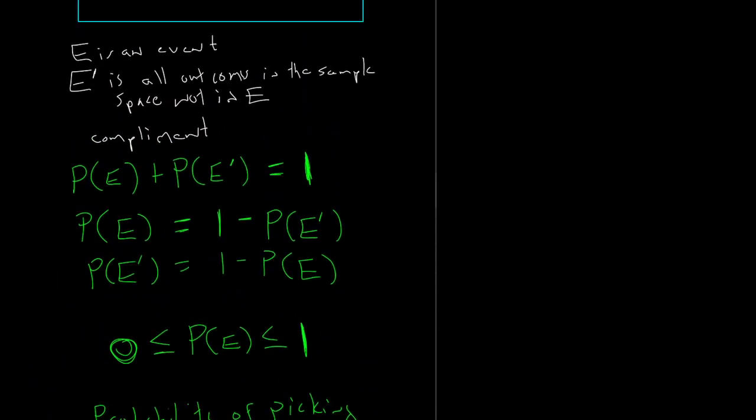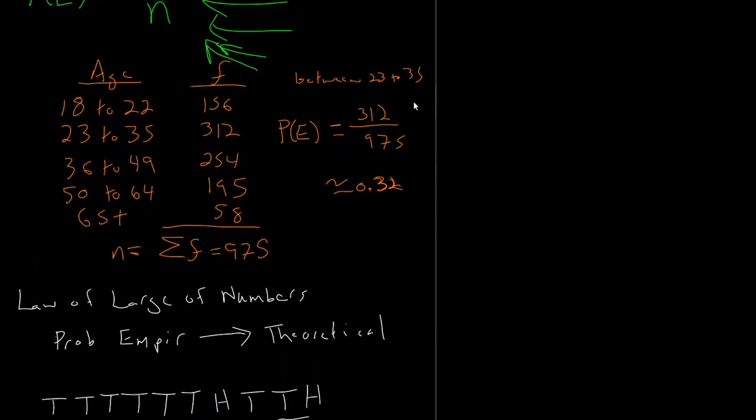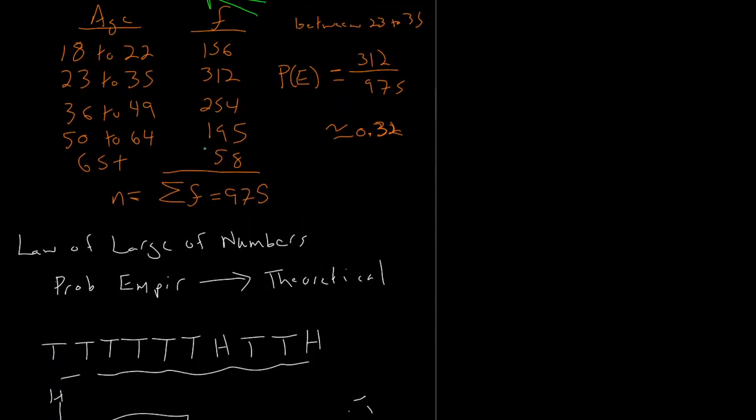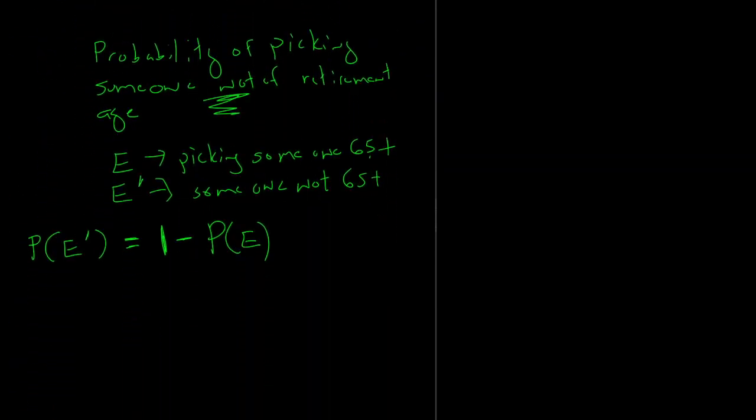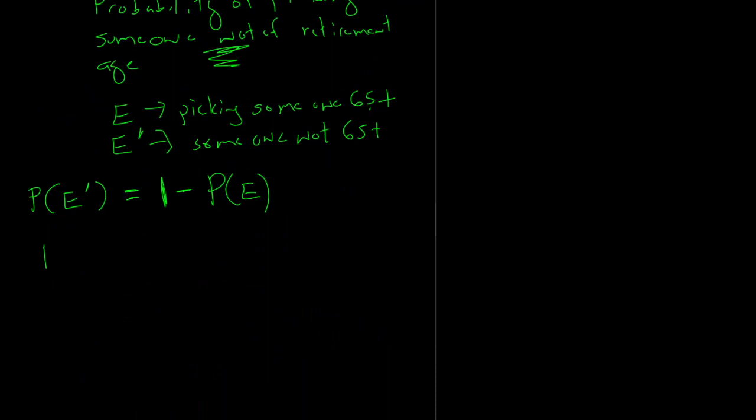I'm going to come back up here and look at this here and go, all right, so there are 58 people of retirement age in the 975. So P of E is 58 out of 975. Now here's a hint. Don't divide this in your calculator yet. Just leave it as a fraction. All right? Well, we're going to let the fraction do the work.